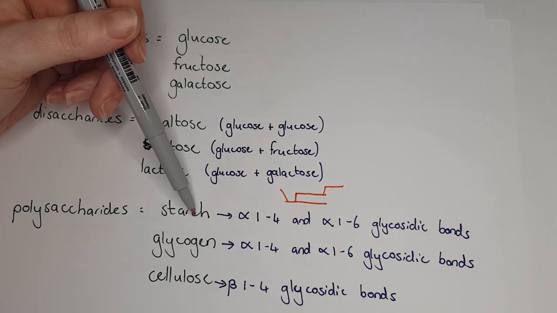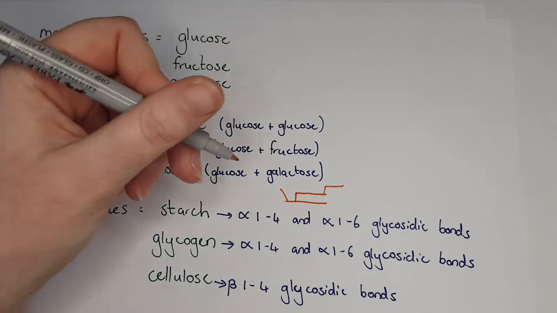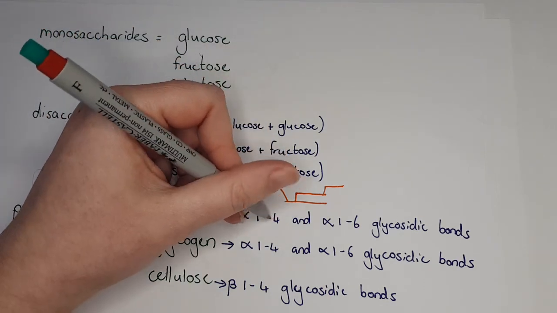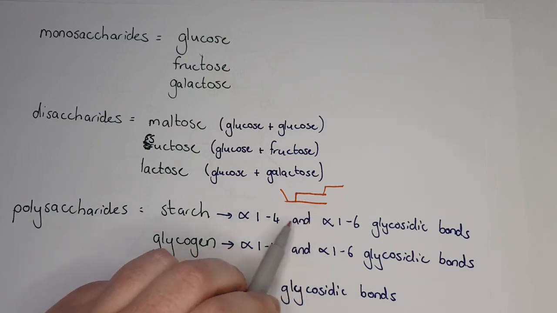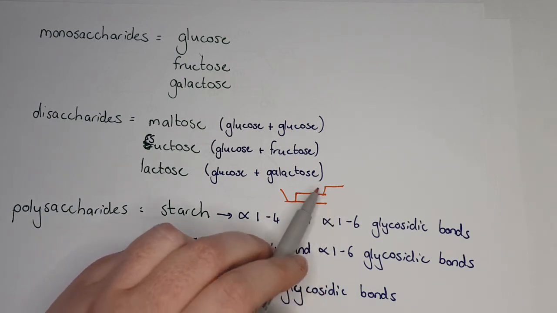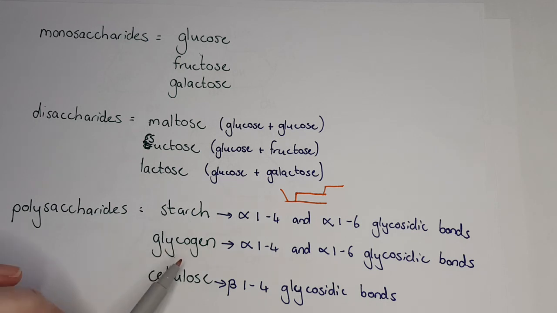And starch is made up of amylose, which is alpha 1,4 bonds and a straight line, and amylopectin, which is alpha 1,4 and alpha 1,6, which is branched. Glycogen is the storage form of glucose in animals, and it is just one big branched molecule of alpha 1,4 and alpha 1,6 glycosidic bonds.